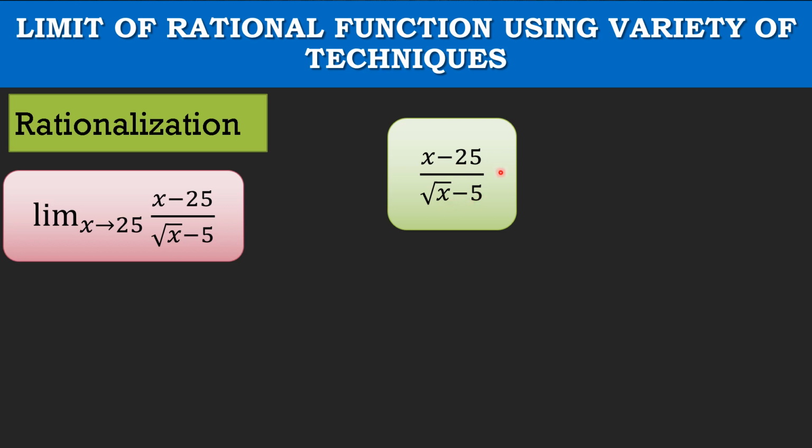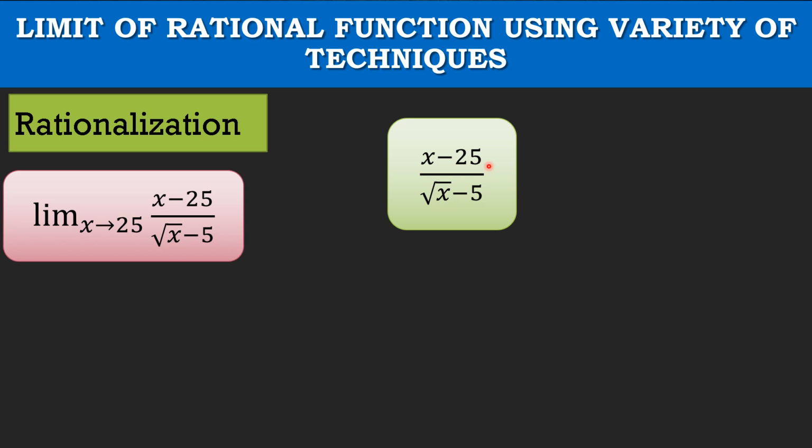You will need to multiply this part of your fraction by 1. Kasi according to the rule, any number multiplied by 1 is the number itself. So hindi pa rin magbabago yung mukha ng expression nito when we multiplied this by 1. So the question there, ano yung 1 na to? Okay? Ano yung 1 na to when we multiply this expression?